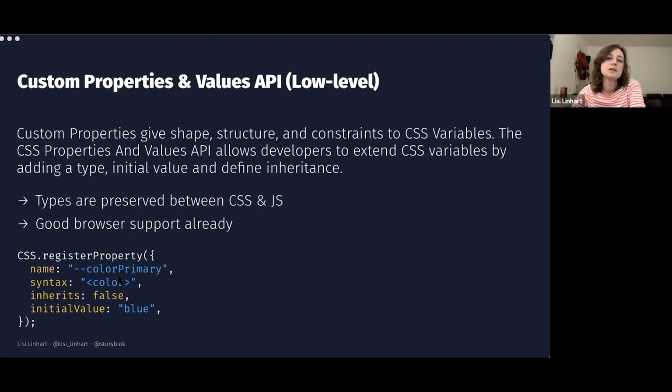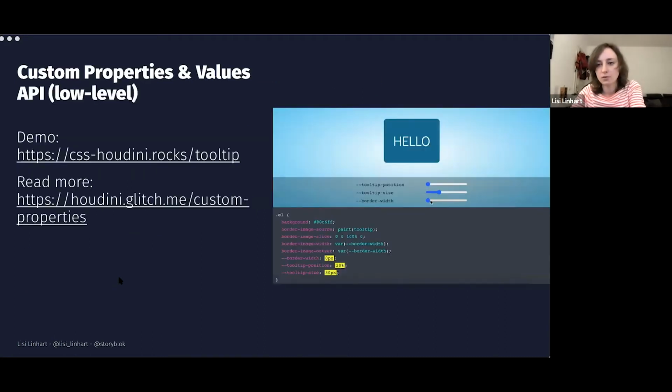We need this API to do what you see here in the demo, so we pass variables with different things to the Houdini worklet. In all the demos, you will see a lot of the custom properties and values API, because it's an important part of building different demos and features.